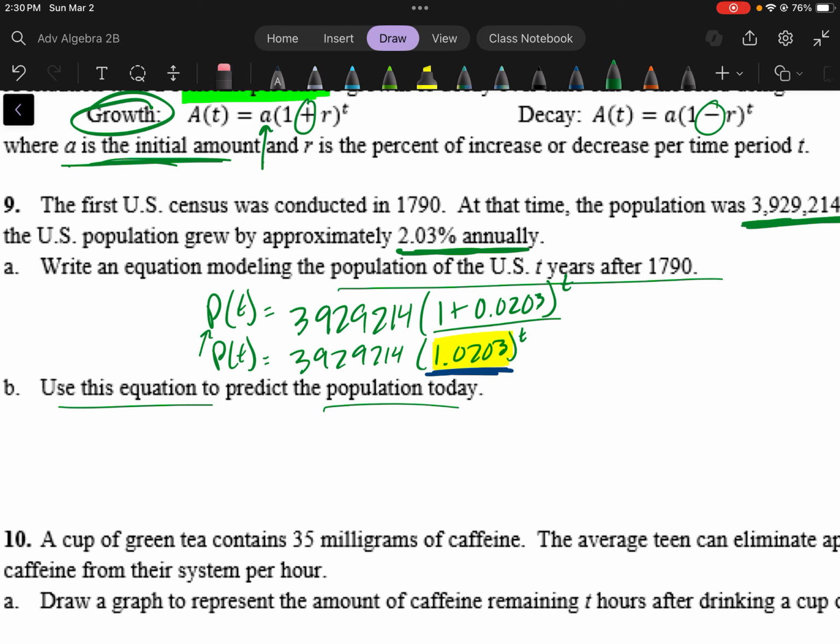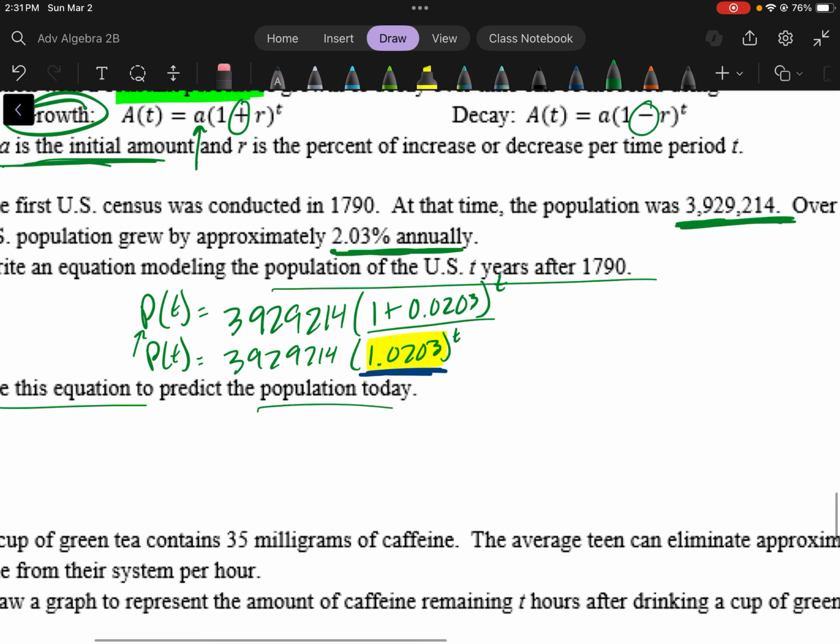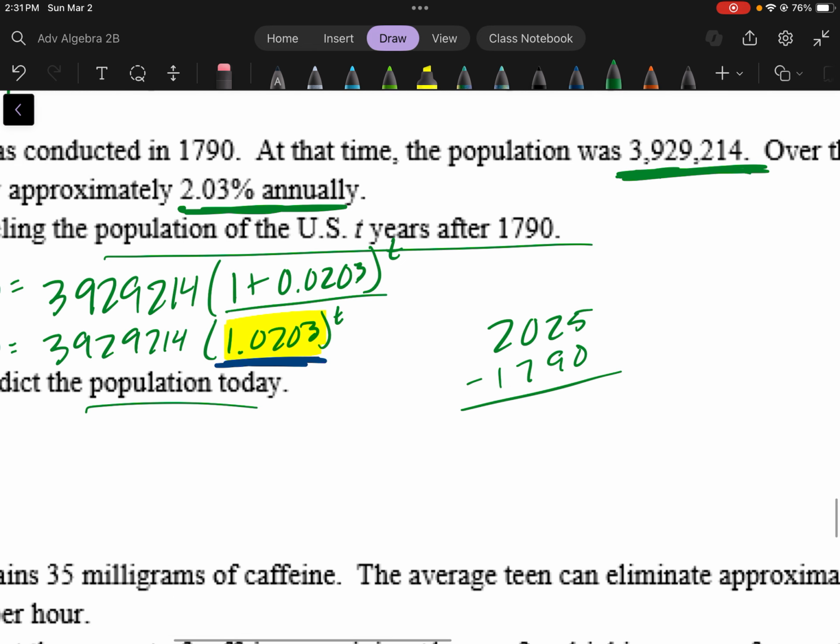Okay, use that equation to predict the population today. We are currently in 2025. So if we did 2025 minus 1790 and subtracted that, 5 minus 0 is 5.